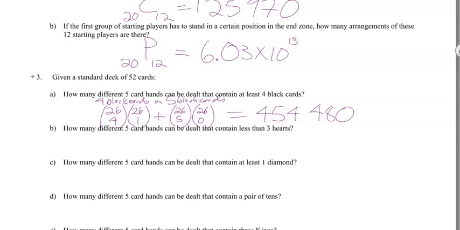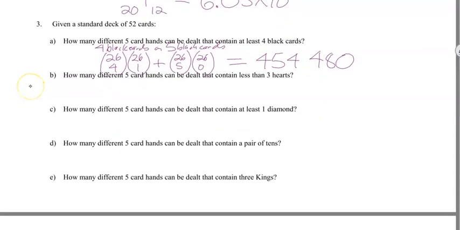How many different hands contain less than 3 hearts? How many hearts could you have if you have less than 3 hearts? Yeah, so you could have no hearts, or 1 heart, or 2 hearts. So another way of saying less than 3, you could say no more than 2.